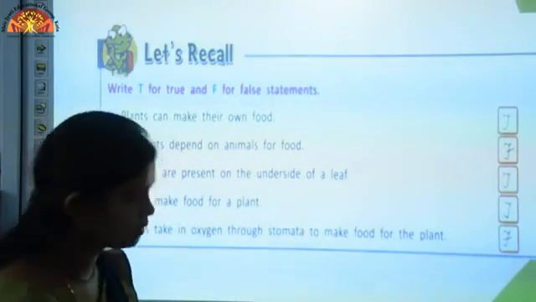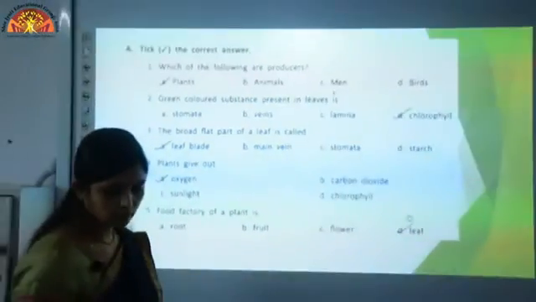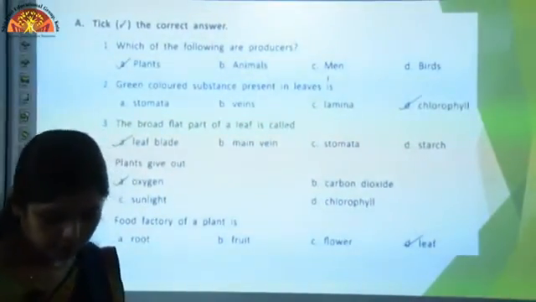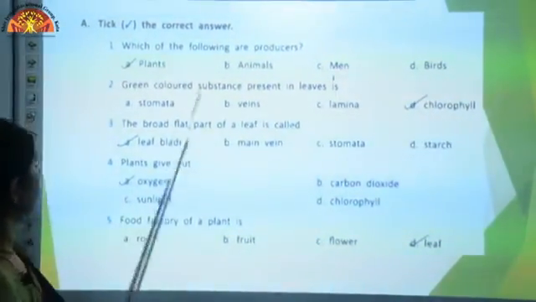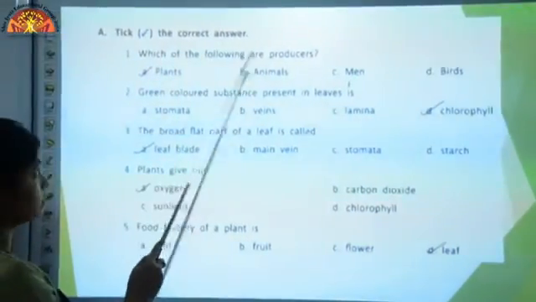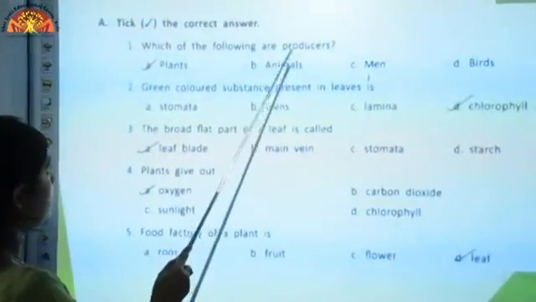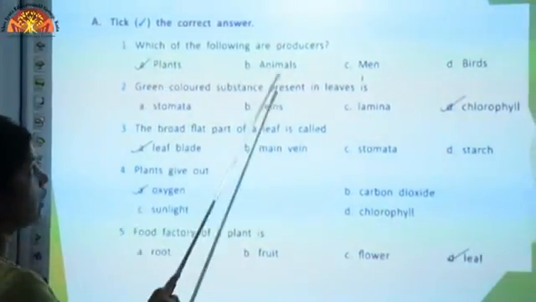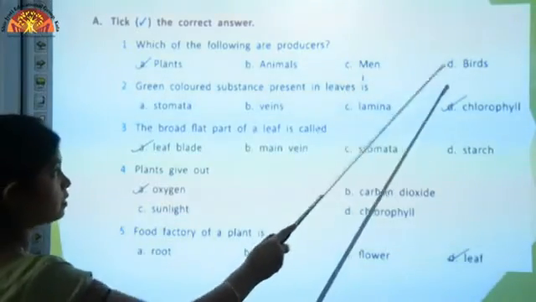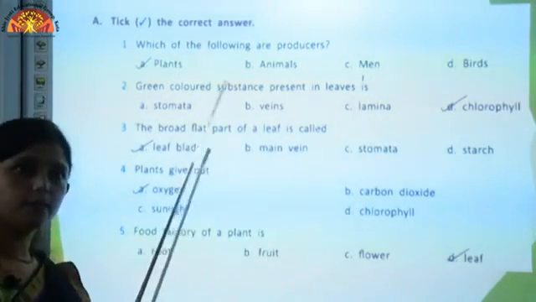Now we come to the next exercise. It's given on page number 53. Exercise number A. Tick the correct answers. Which of the following are producers? Plants, animals, men, birds. So here the correct answer is plants.